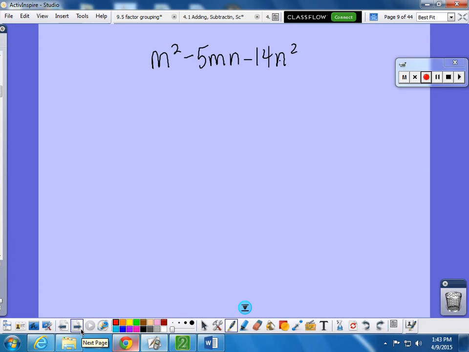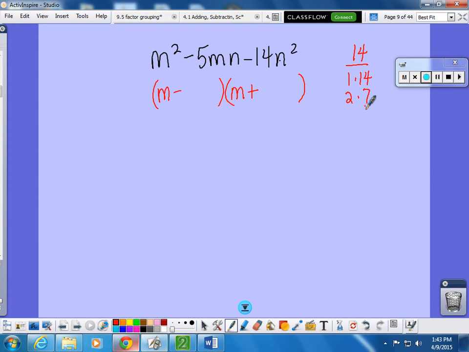All right, this problem is different because I've got a negative here and I have two variables. All right, so I have different signs. I have the m's. I've listed the factors of 14.